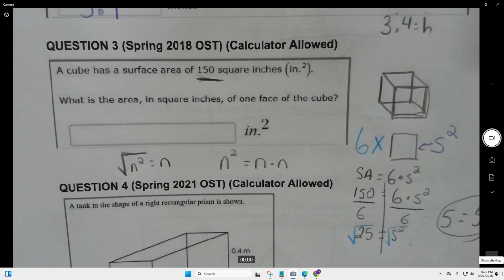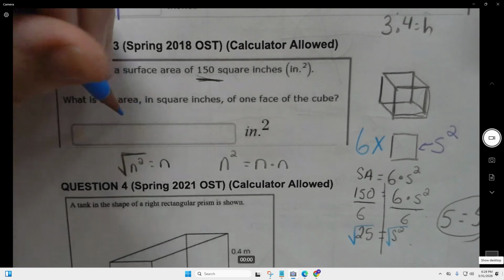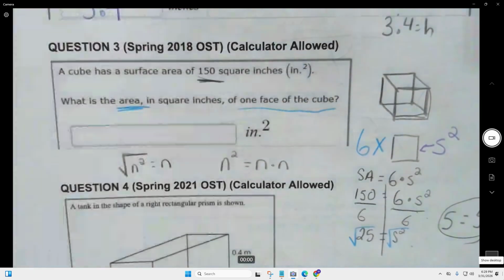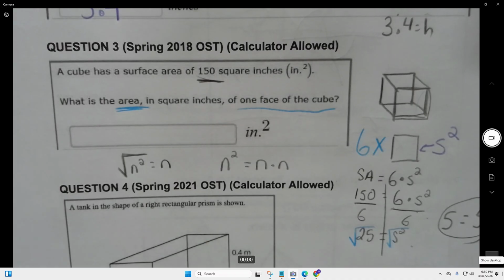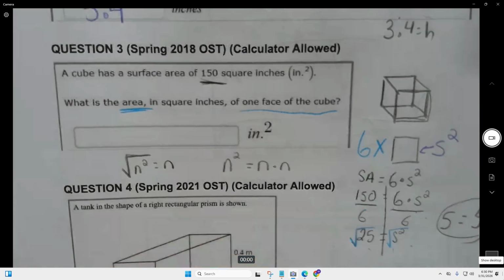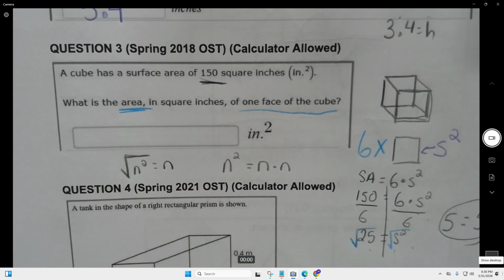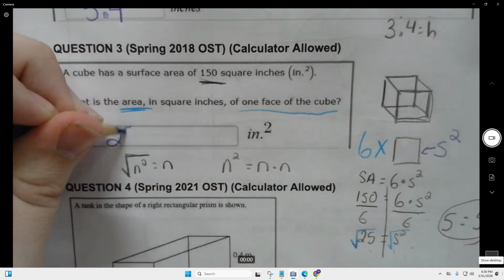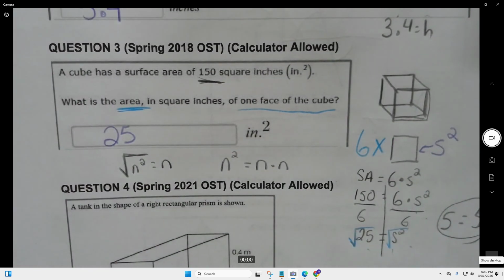Because if I would have read the question, I would have seen it asks what is the area of one face of the cube. Meaning that as soon as we divided by 6 and we got that 25 was equal to the side squared, that was it. That was the answer.